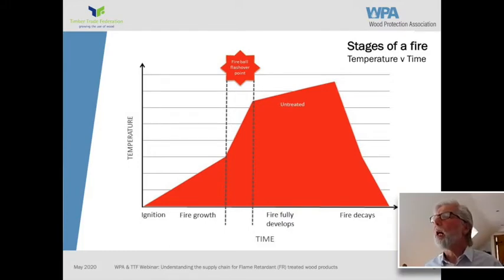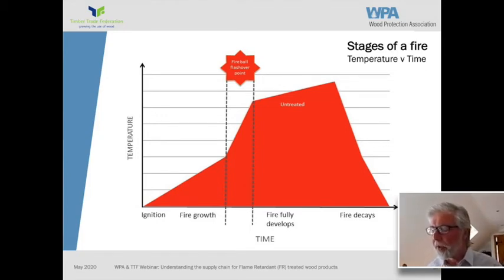There are four main stages in the development of a fire. If you can imagine, if you're sitting in a room at the moment, that there is a source of ignition in the corner of that room, what influences the development of that fire? Firstly, it's the ignitability of the materials, the substrate that the flames are touching.